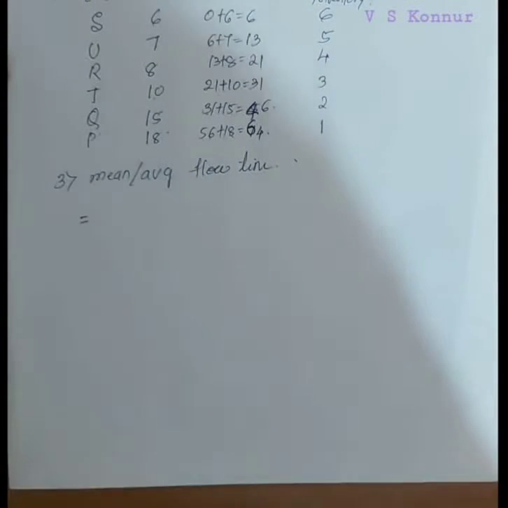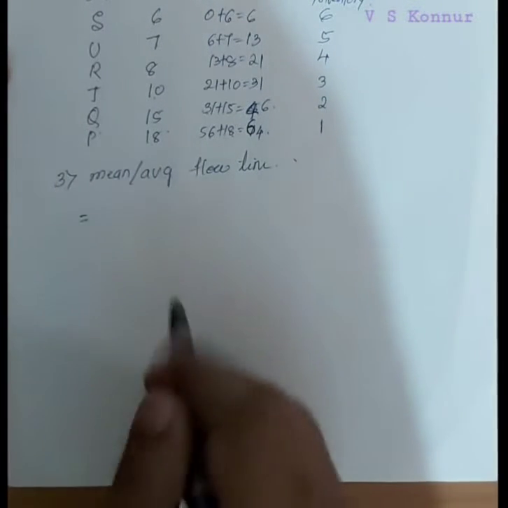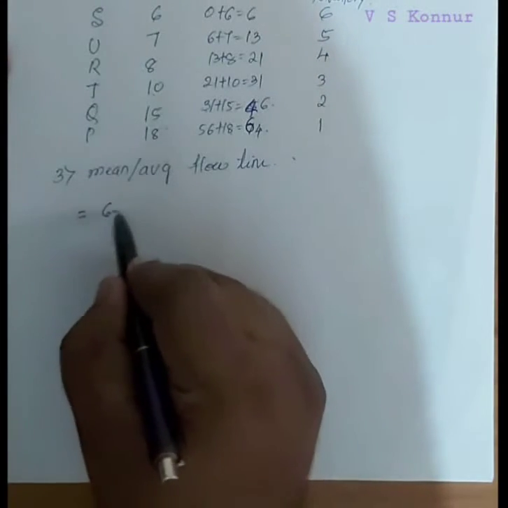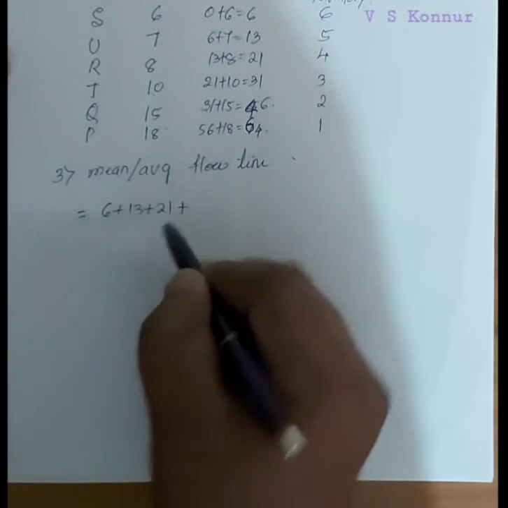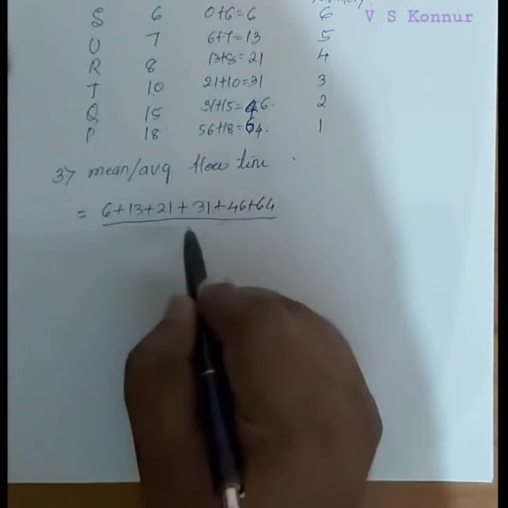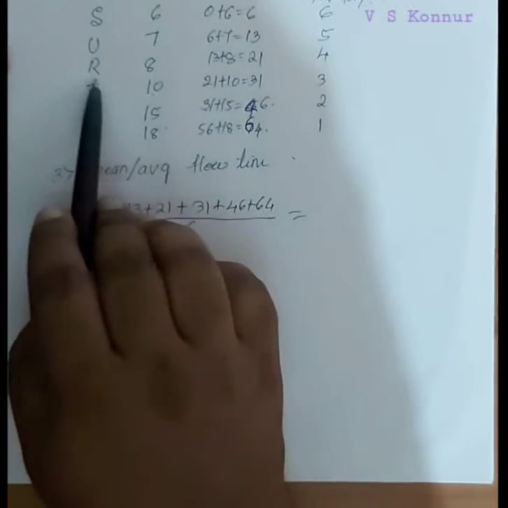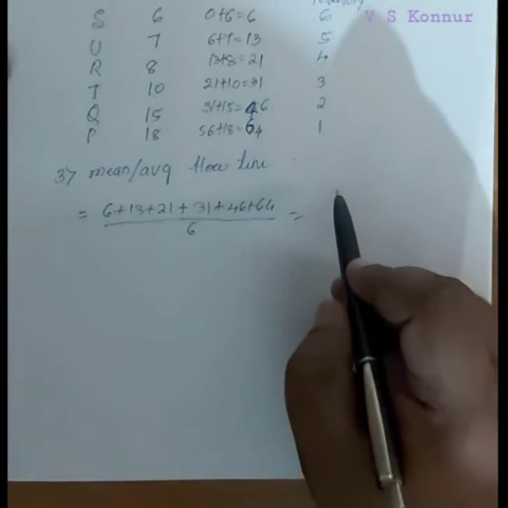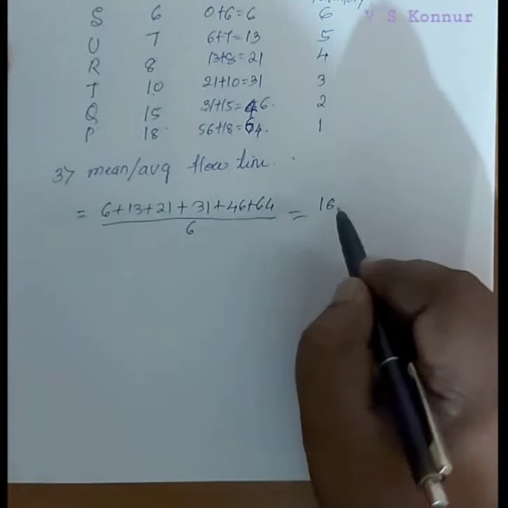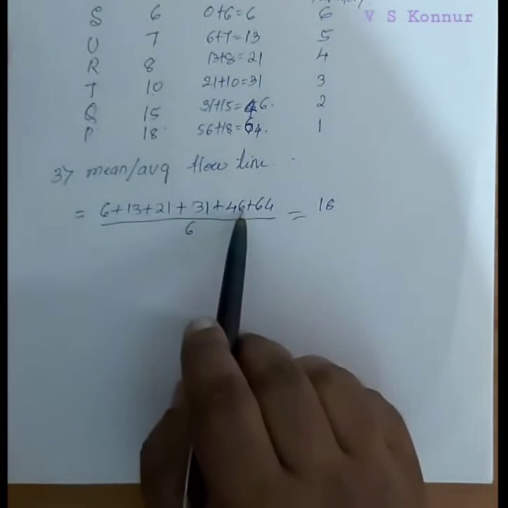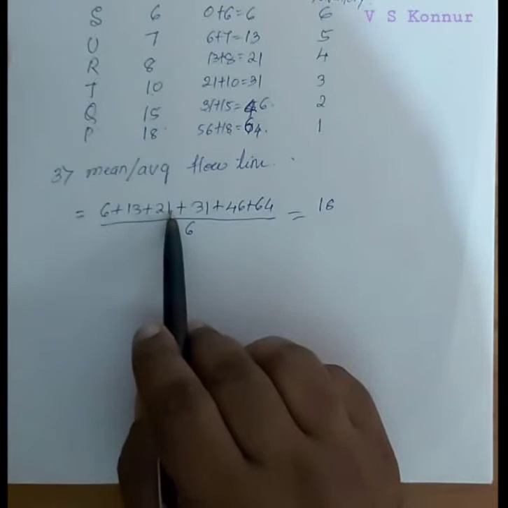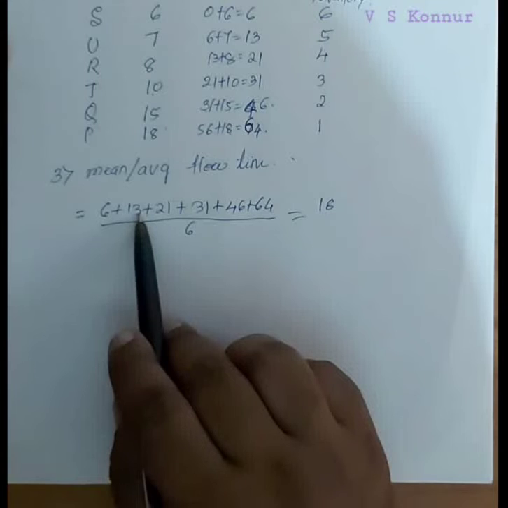That is equal to the total of the flow times, 6 plus 13 plus 21 plus 31 plus 46 plus 64, whole divided by the number of jobs, 6. 6 jobs are there, divided by 6. By adding all these we will get around 181. We'll check.